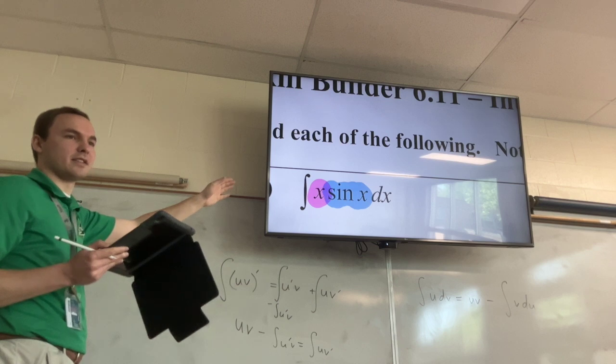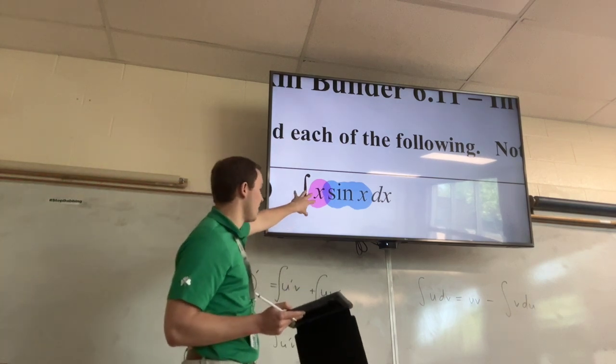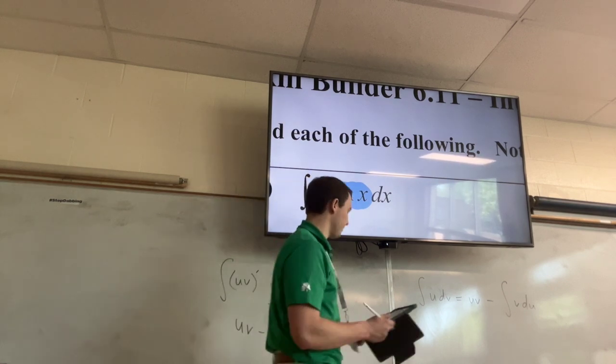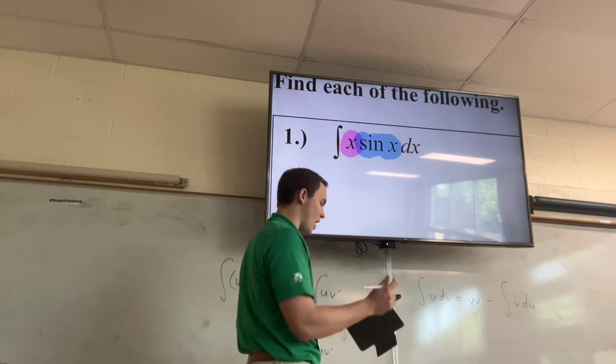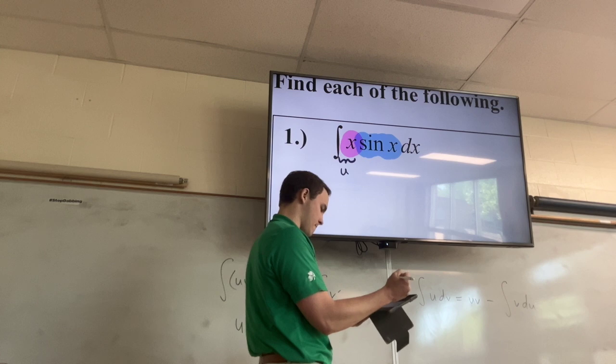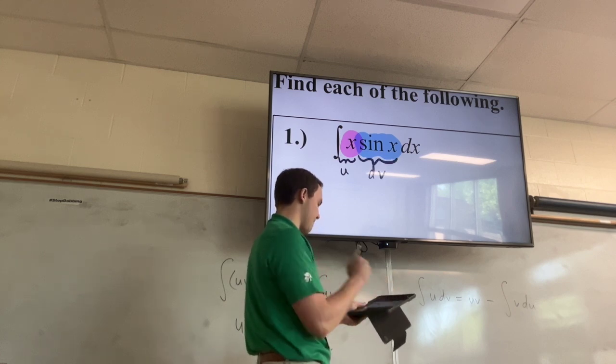What's the derivative of x? Just 1. So if I take its derivative, it just becomes a 1, right? So what I'm going to do, I'm going to let x be my u, okay? And then I'm going to let sine x be my dv.